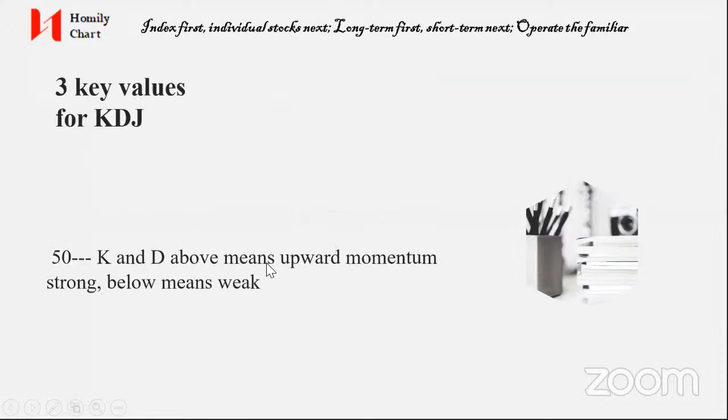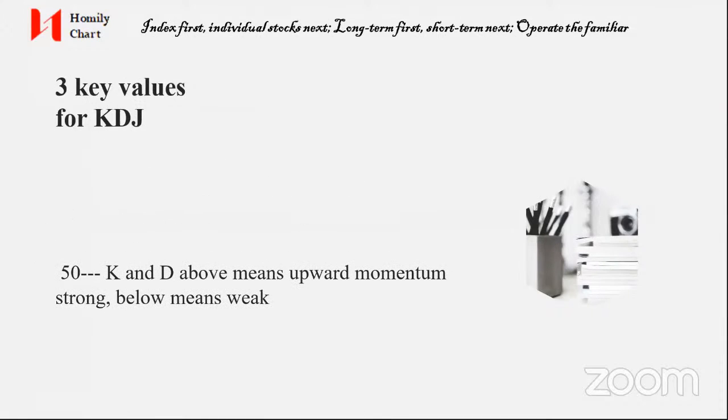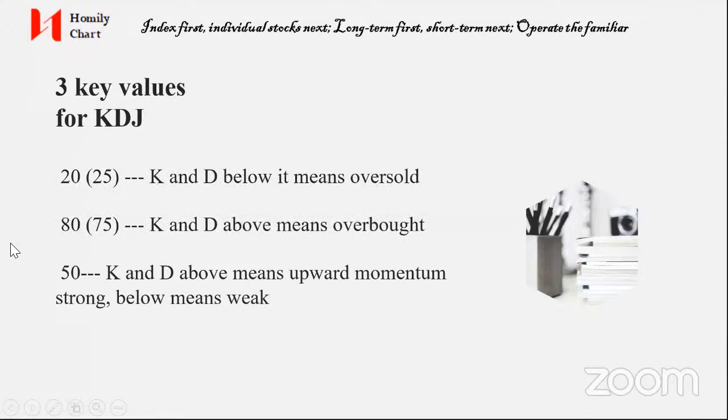Okay, so for KDJ, we need to check 3 key values, which would be the most important for KDJ. What are the 3 key values? One is 20. And if you set the parameter for K as 9 days, right? So you can check 20. But if you set the parameter for K as 14, maybe you can check 25.